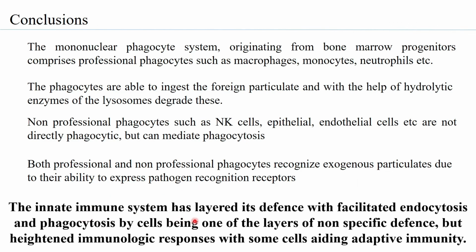The innate immune system has layered its defense with facilitated endocytosis and phagocytosis by cells, that being one of the layers of non-specific defense, but heightened immunologic responses with some cells also aiding in forming what is called adaptive immunity. So some of these cells are links between innate immune system and the adaptive immune system.